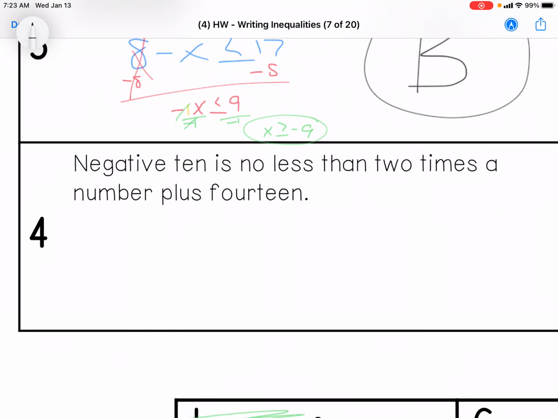Negative 10 is no less than. So can it be? Yes, it can be. No less than 2 times, so 2x plus 14.